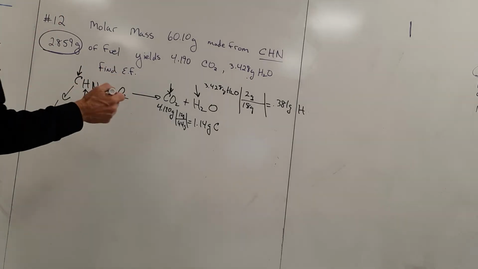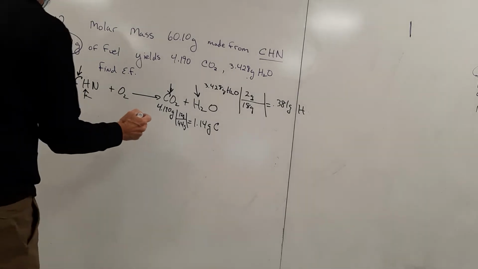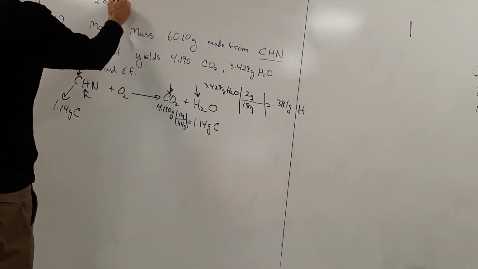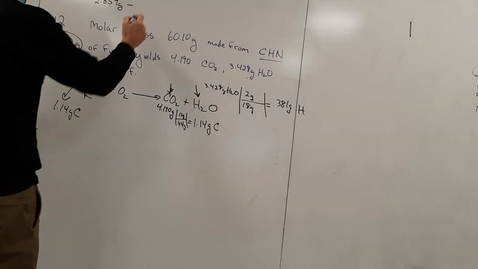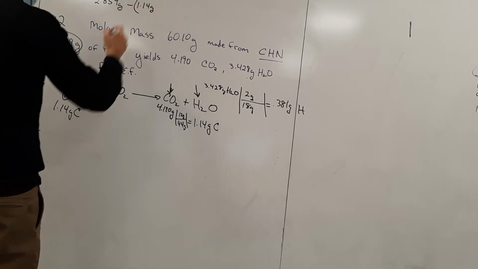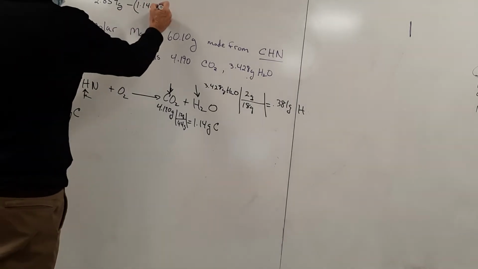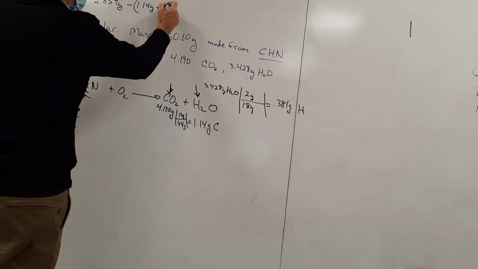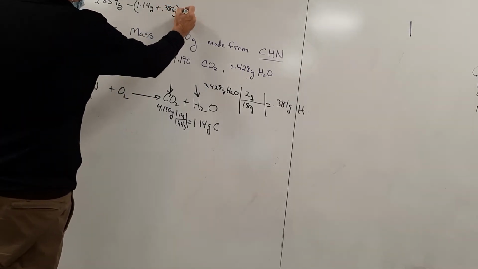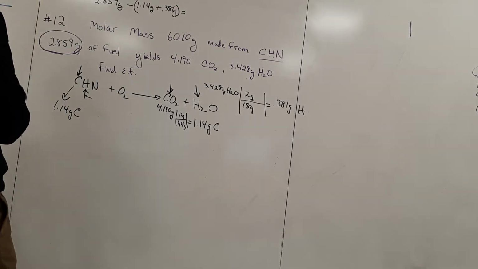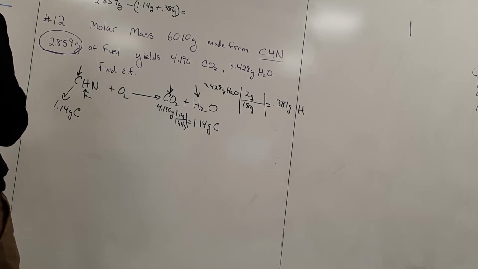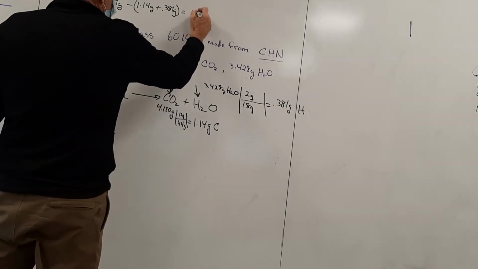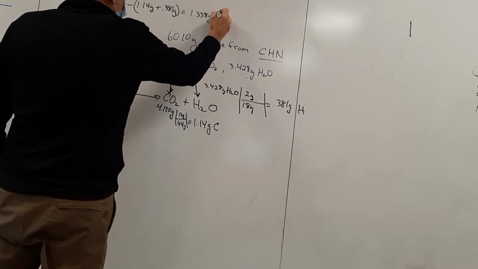Well, I know the total amount is 2.859 grams. So I've got 2.859 grams total minus the grams of carbon, which is 1.14 gram, plus the grams of hydrogen, which is 0.381 gram, which is equal to, got it written down here on the side, how many grams of nitrogen do I have? 1.338 grams of nitrogen.